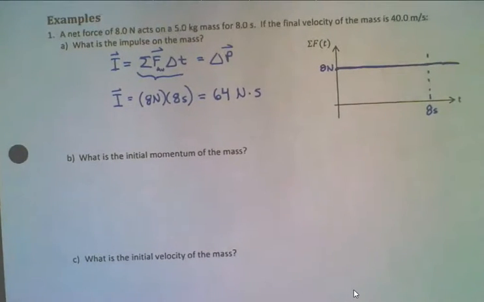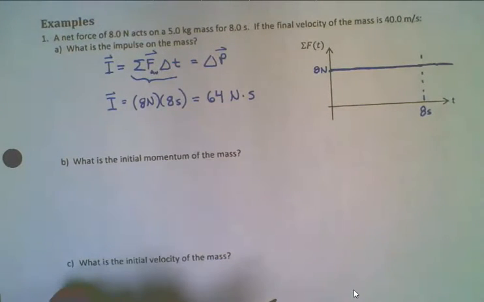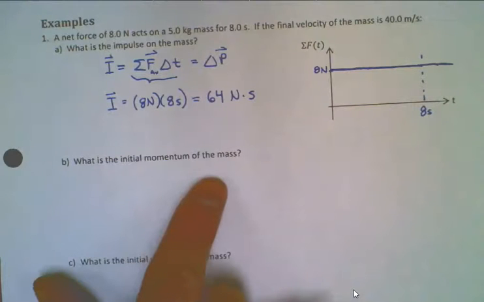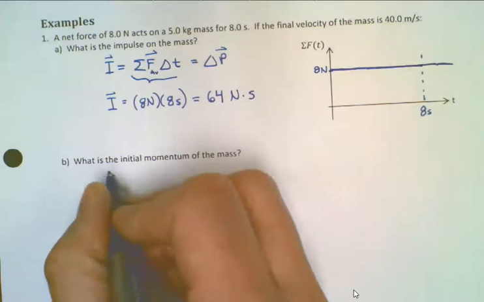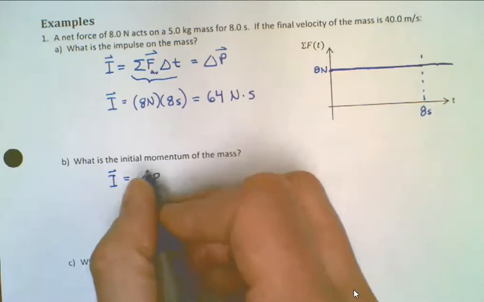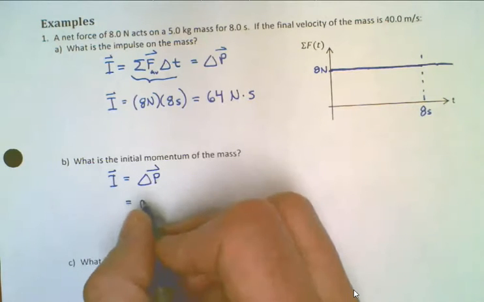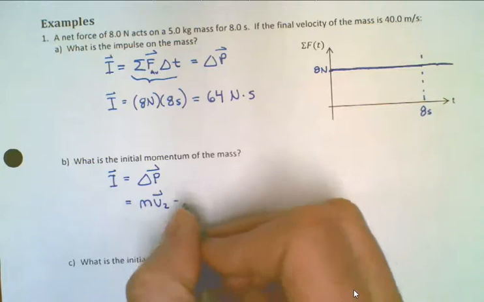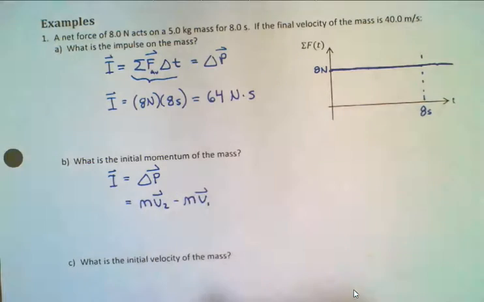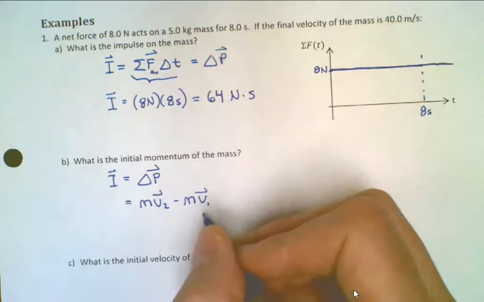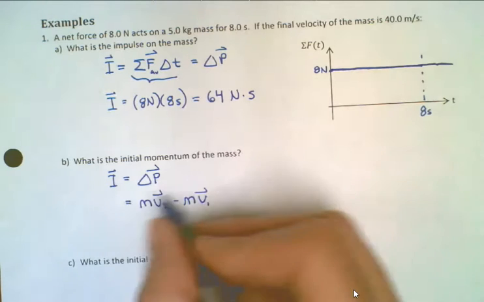What is the initial momentum of this mass? Since we know that the impulse is the change in momentum, and the change in momentum is mv2 minus mv1, we can solve for it.